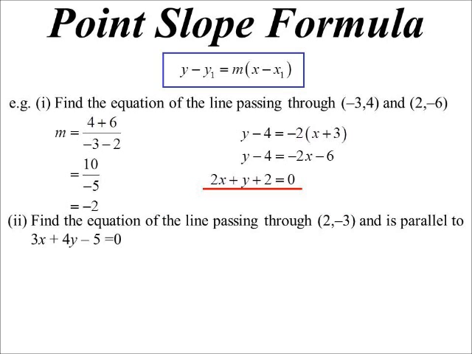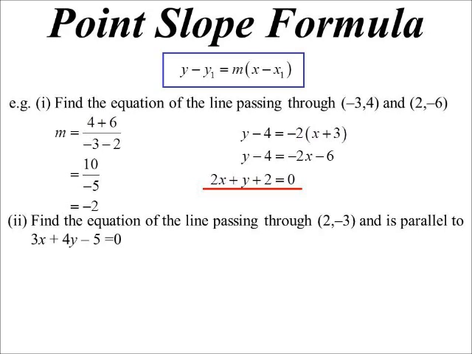Now, this sort of question: find the equation of the line passing through the point (2, -3) and parallel to 3x plus 4y minus 5 equals 0. So I need two pieces of information. I need a point, I've got that, (2, -3). Slope, damn, haven't got a slope. But of course they've provided me with more information which will allow me to find the slope, and that is that it's parallel to 3x plus 4y minus 5.